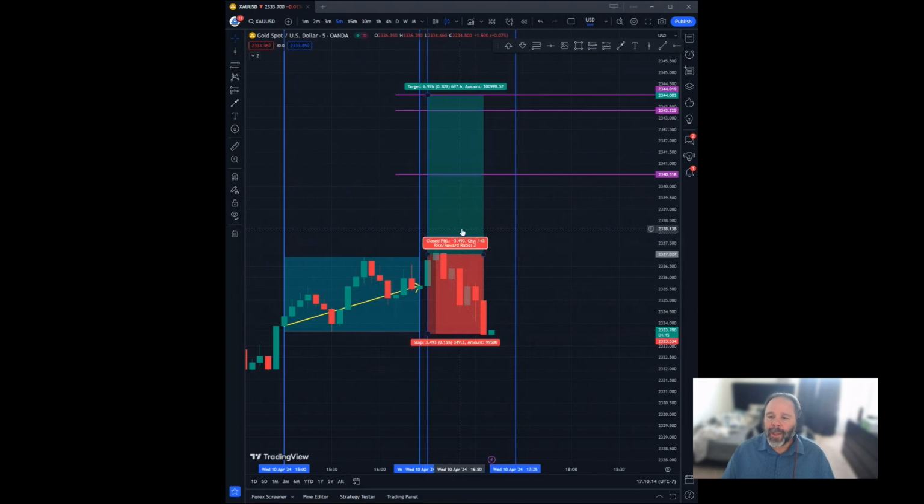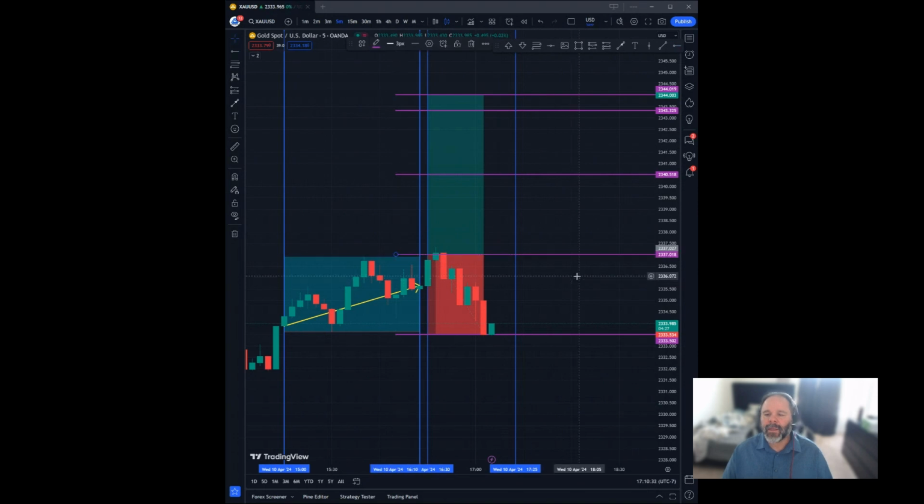When the price arrives to take profit 1, which is this one, what I do is I move my stop loss. Let me put another line right there. This is the stop loss right here, and this is the entry point, the entry price.